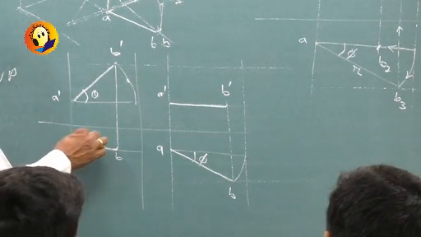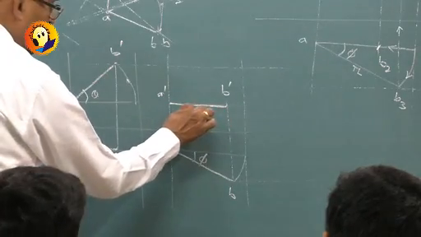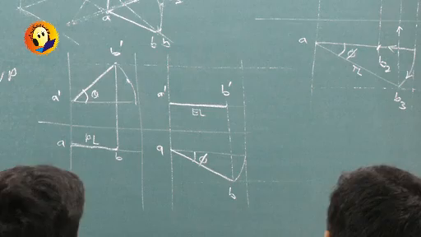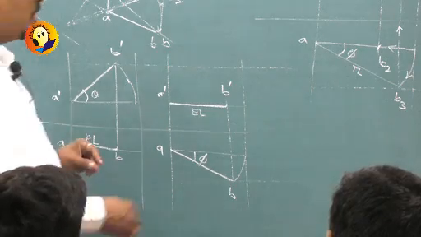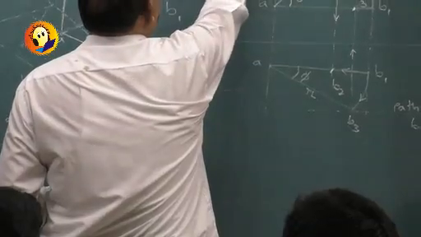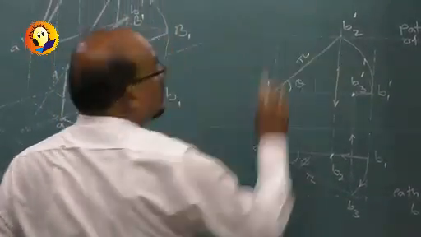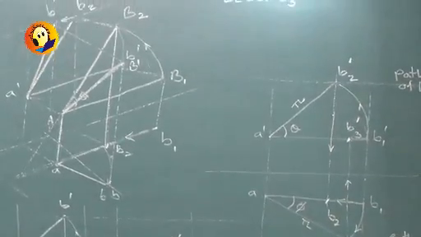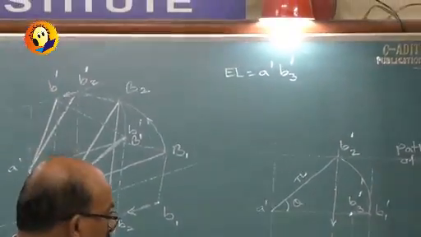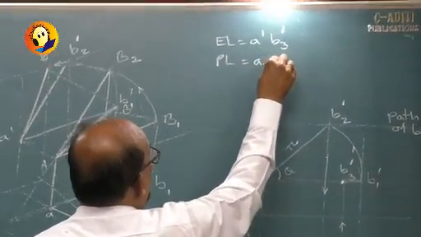I had got plan length over here, and I have got elevation length over here. Where is the elevation length over here? We got it as A dash B3 dash. Where is the plan length? Plan length is A B2.